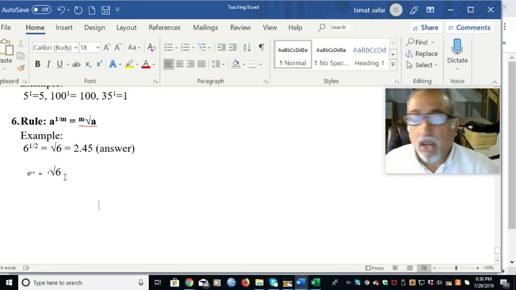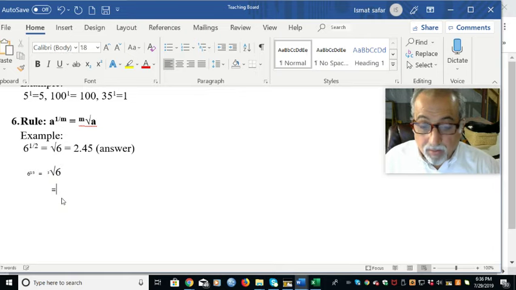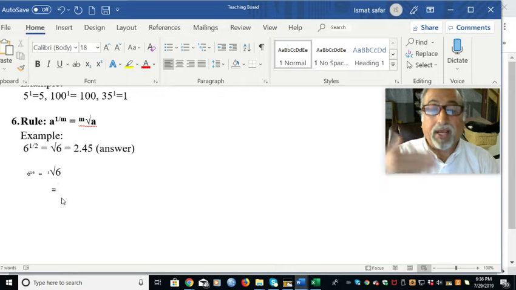The third root of 6 means: what is the number that, if you multiply it by itself 3 times, will equal 6?